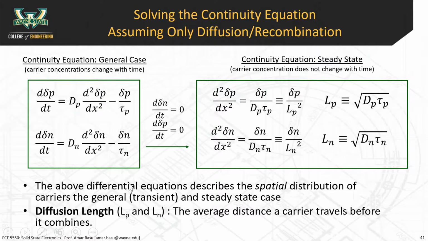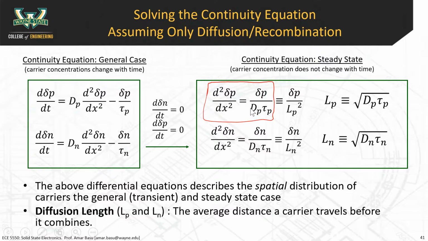That's what we have here: d squared sigma p over dx squared is equal to sigma p divided by Dp times tau p. So you see how the tau p is here and the Dp is here. When you move that over to the other side, that's where these two terms come from.